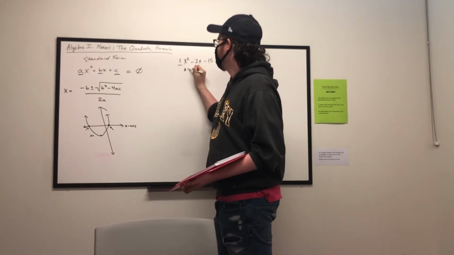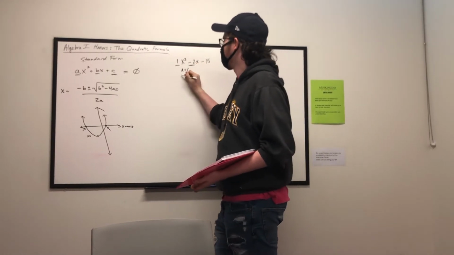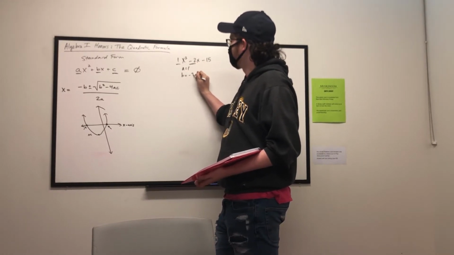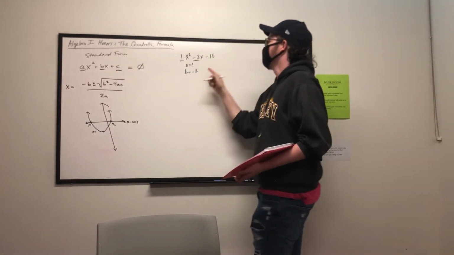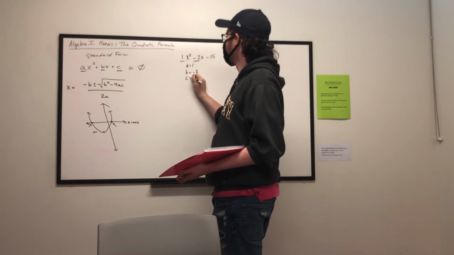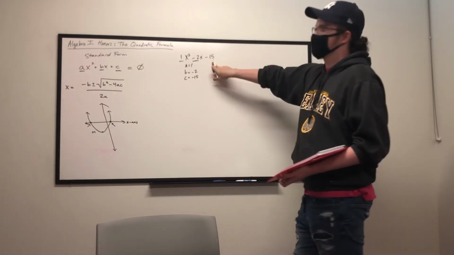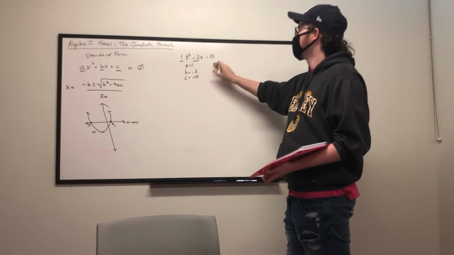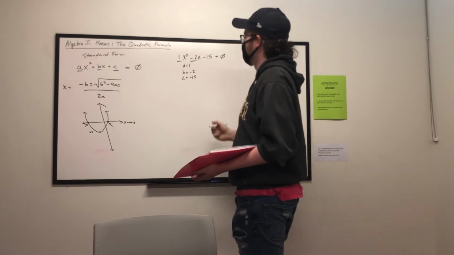So we know that a equals 1. And here, we know that our b term is going to equal negative 2 because there's a negative 2 in front of the x. And we know that our c is going to equal negative 15 because it's the only constant out here. And so what we're looking for is when this equals 0.